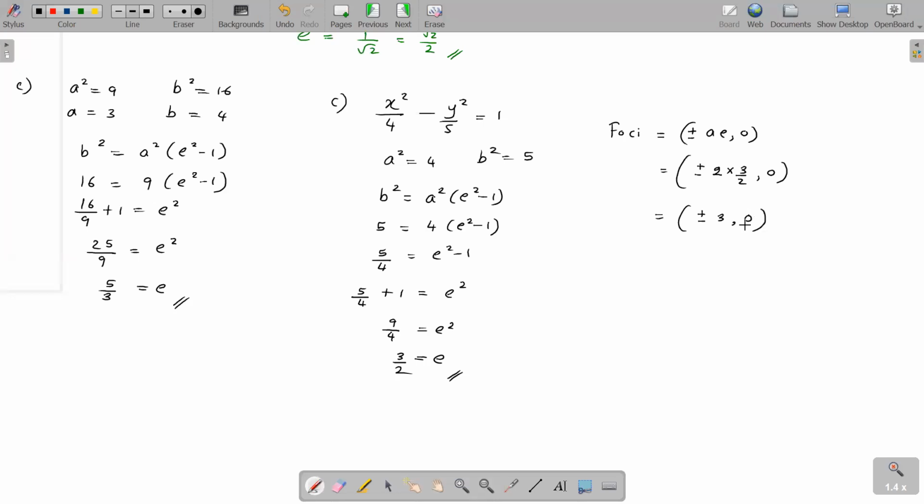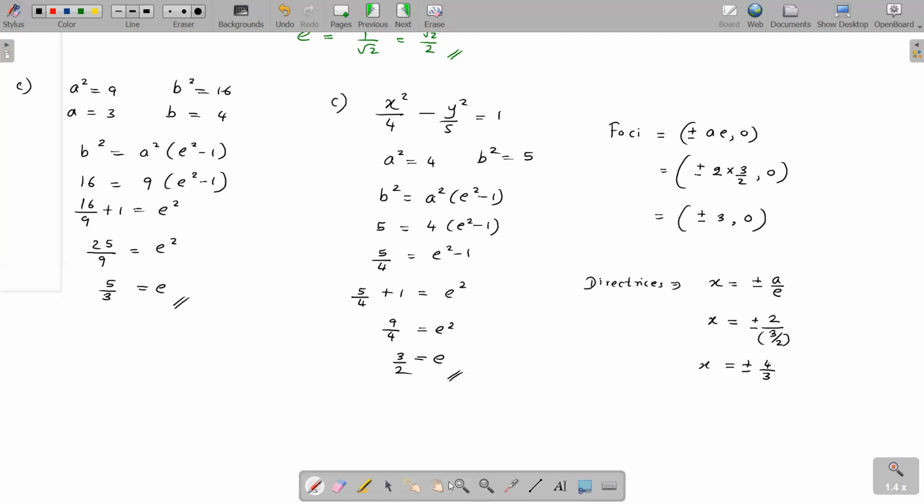Is that okay? And the directrices are x equals plus or minus a over e. So a is 2 over e is 3 over 2, so x is plus or minus 4 over 3.